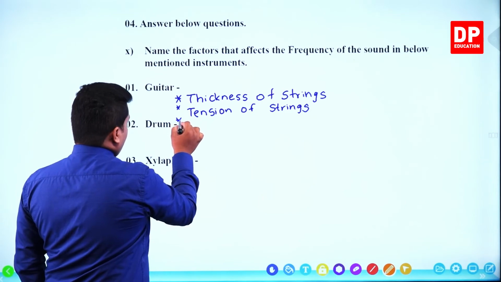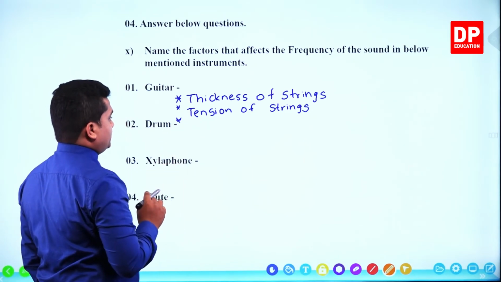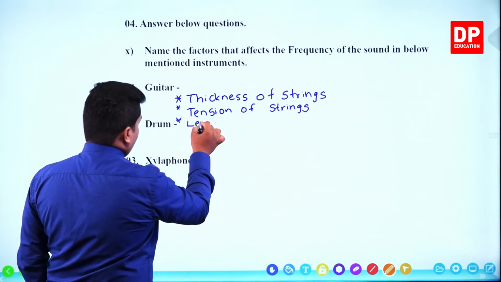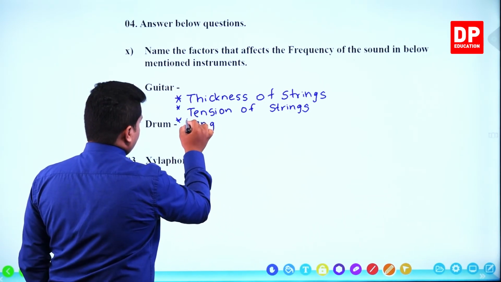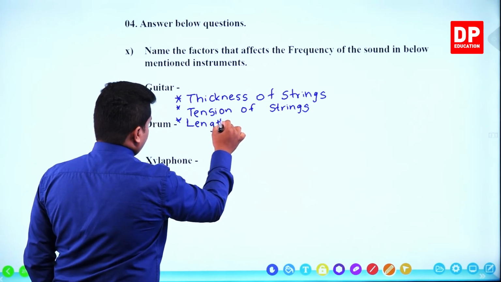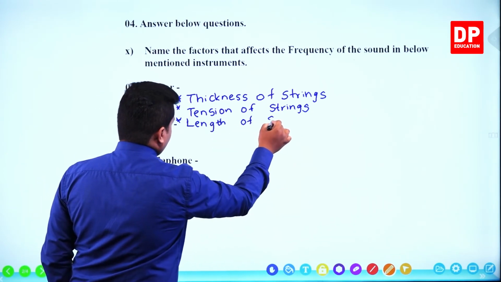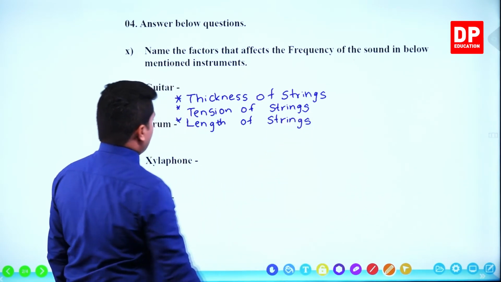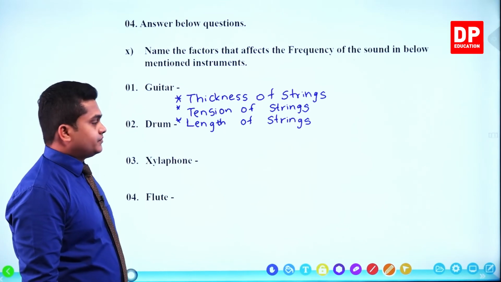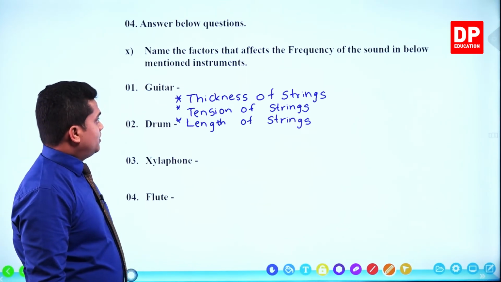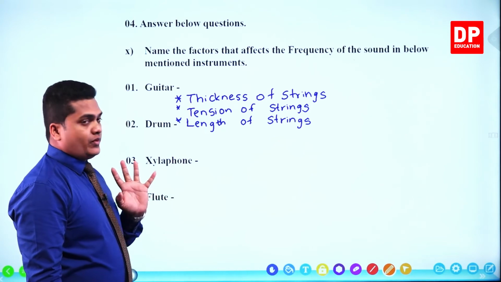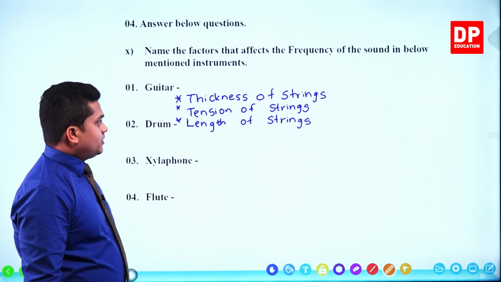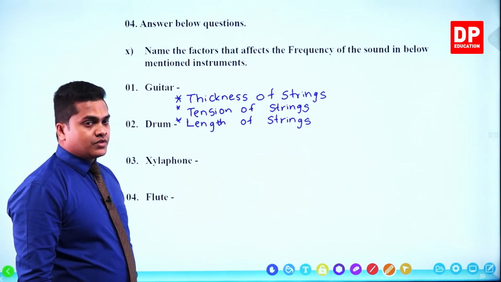Then the final one, length of strings. So there are 3 factors which affect the frequency of a sound generated by a guitar, right?